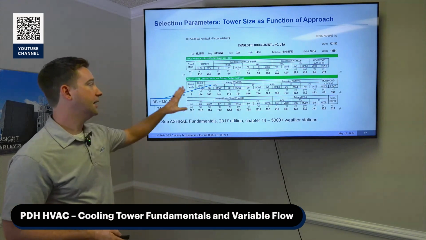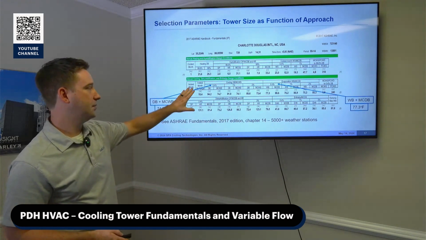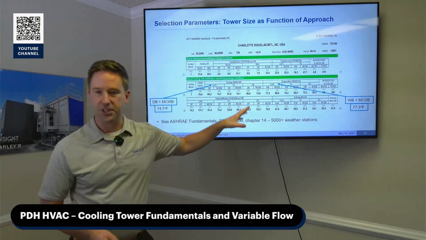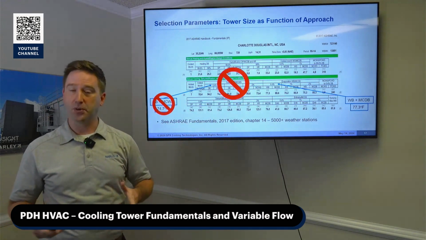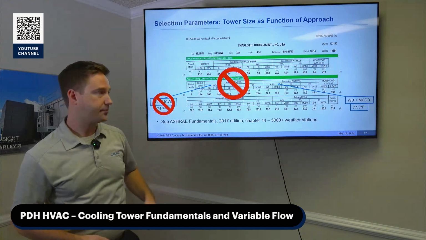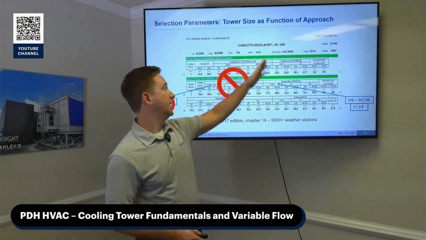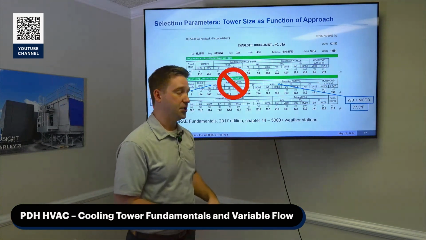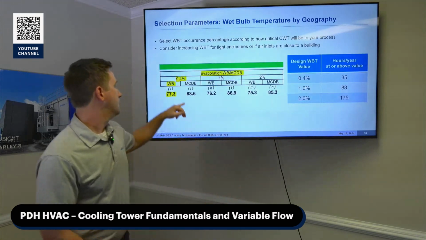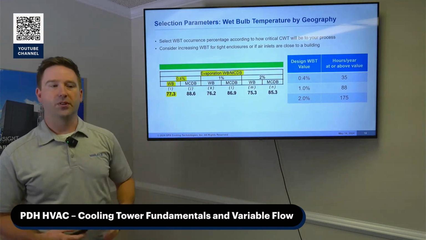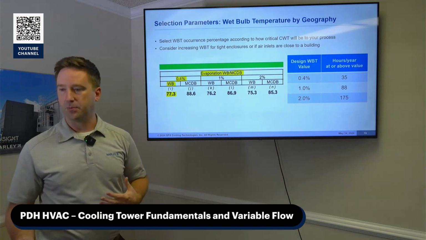Now, when you're looking here, again, there's the wet bulb temperature and the dry bulb temperature. Being an evaporative process, you want to make sure that you look at the wet bulb temperature and not the dry bulb. So here, up in Charlotte, North Carolina, the design wet bulb 0.4% is a 77.3 degree wet bulb temperature.